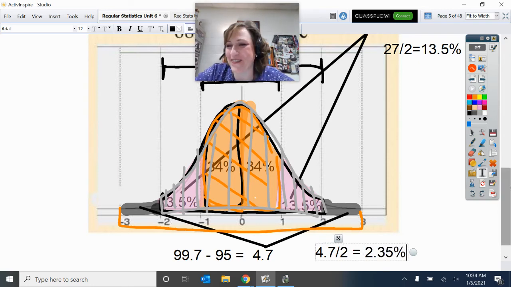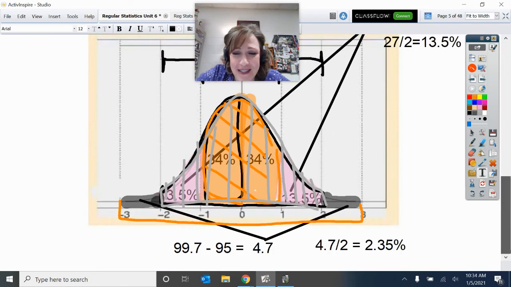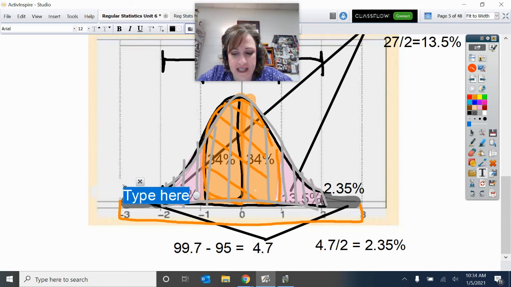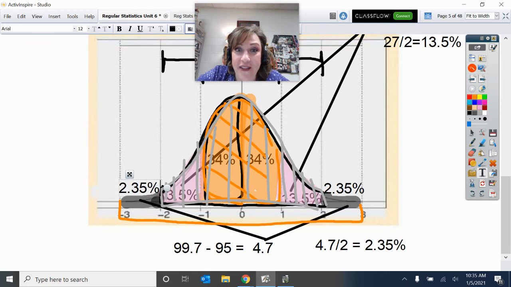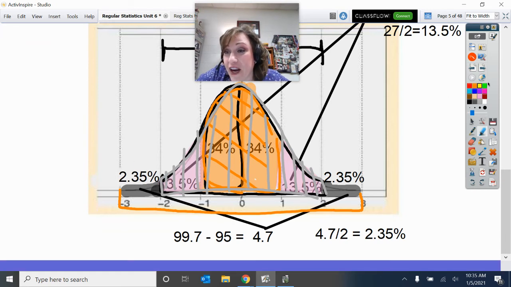See, I can do that dividing easier than I can do that subtracting. Okay, so that puts 2.35% here and 2.35% here.